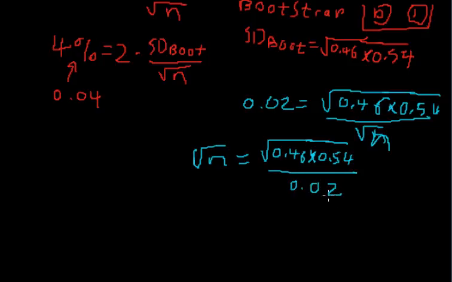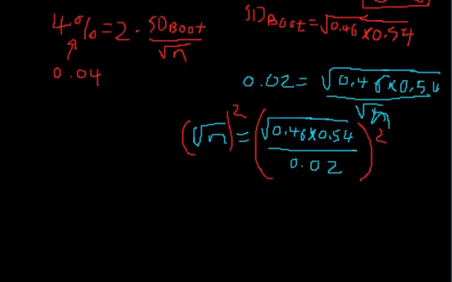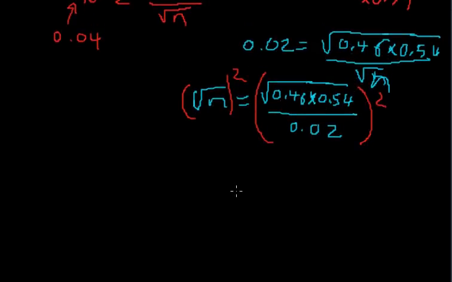And now I can square both sides. So then n is equal to 0.46 times 0.54 divided by 0.02 squared.